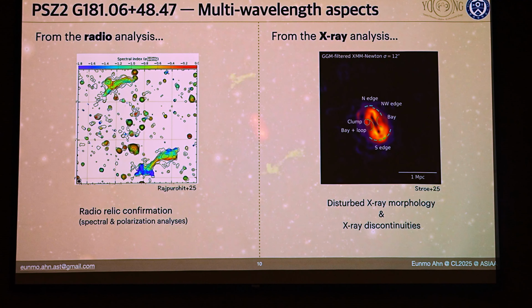And from the X-ray analysis, we found that the X-ray emission shows a very disturbed morphology, and we also identified several X-ray discontinuities, which might indicate that this cluster has undergone very complex merger dynamics.